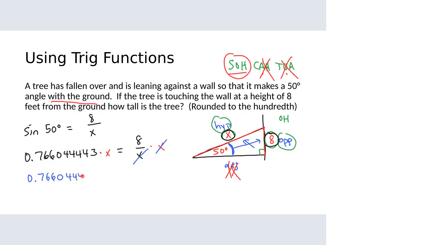And so now I have 0.766044443 times x is equal to 8. And now I need to divide both sides by that really long number. It's not pretty, but it's okay. If I divide by 0.766044443 on the left, I also have to divide by that on the right.